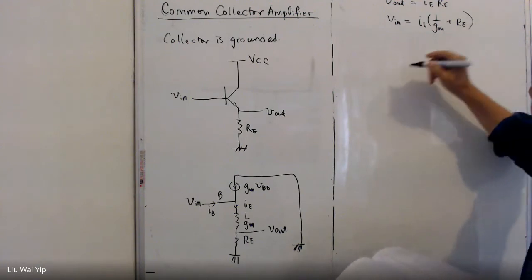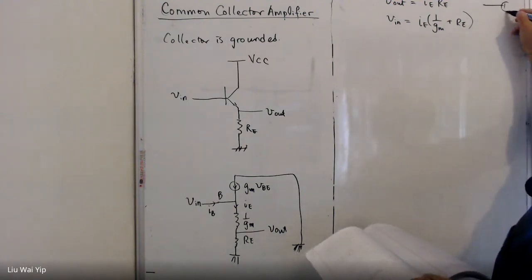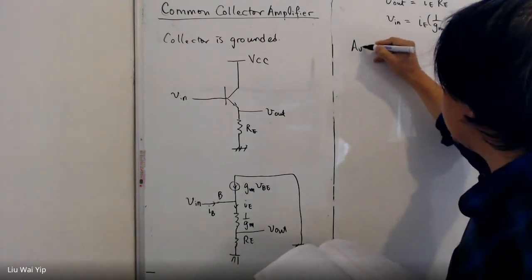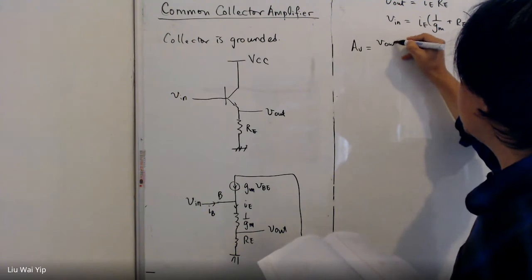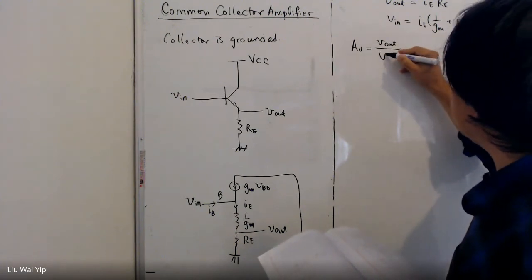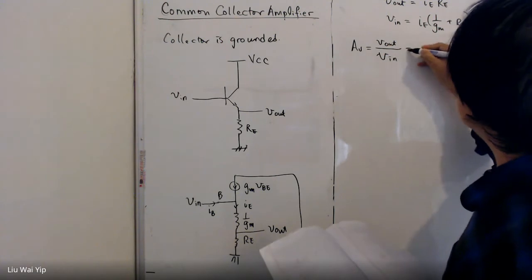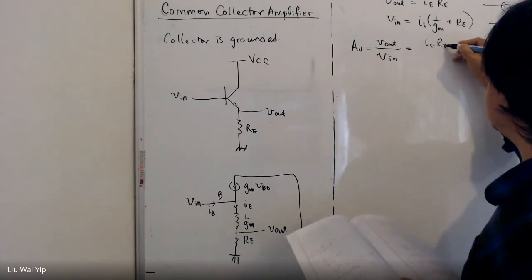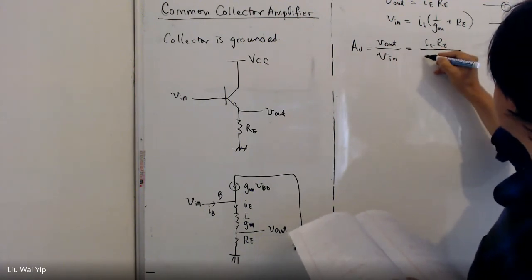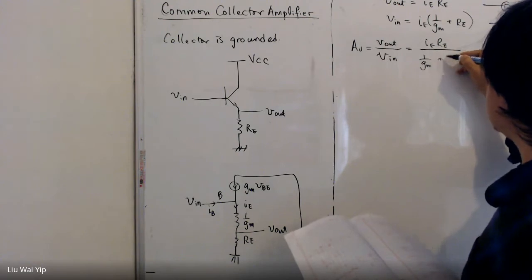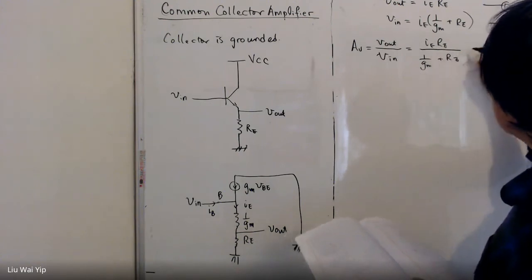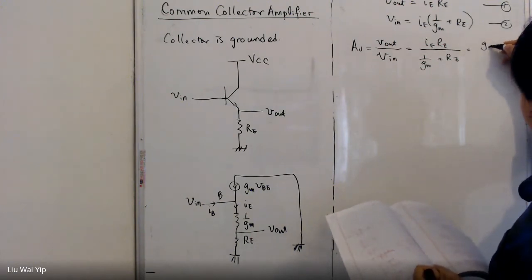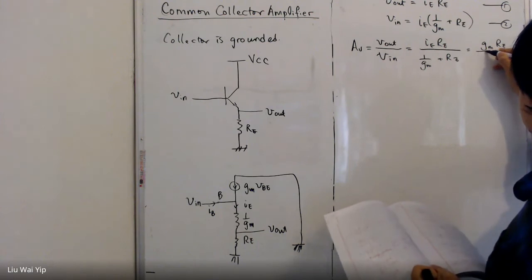Based on the equation given here, we can say the voltage gain is equal to Vout divided by Vin, which is IE RE over IE (1/gm plus RE). So eventually, if you do it carefully, you will notice the final expression is more or less like this.